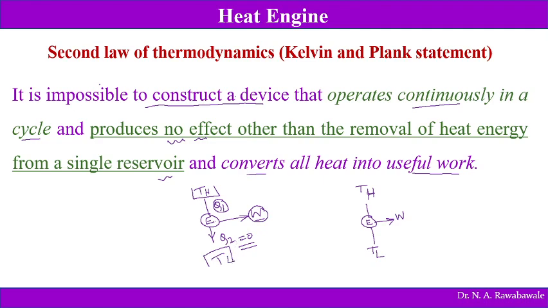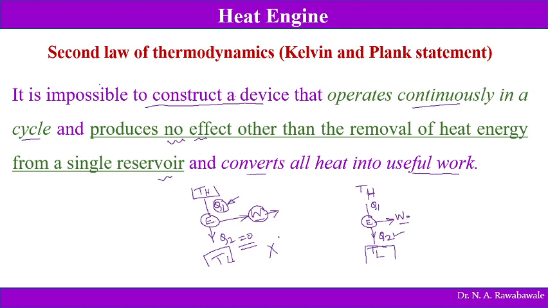Indirectly he says that a machine which absorbs heat energy from a body at higher temperature and produces work by rejecting some heat energy to the body at lower temperature is possible, whereas this is not possible. So Q2 has to be rejected, then only the work can be produced.